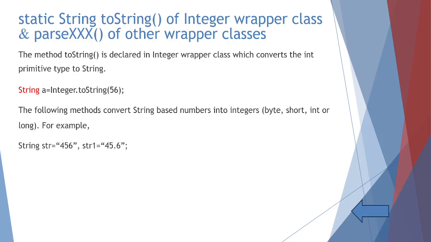And other methods convert string-based numbers into integers, that is byte, short, int or long, float, double, integers and floating point numbers. Example: let's suppose we have taken 2 string objects, str and str1 equal to 45.6.